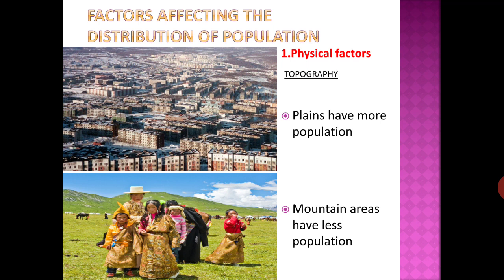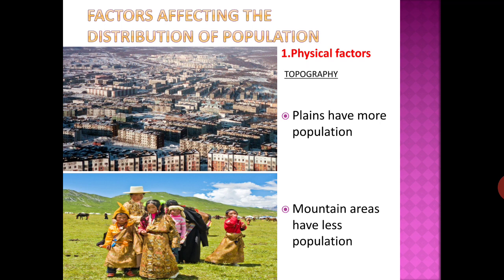Of course, we know that people live in some places in very large numbers, and in some places very few people are living. So what is the reason? Let us have a look at what factors are actually affecting the distribution of population.